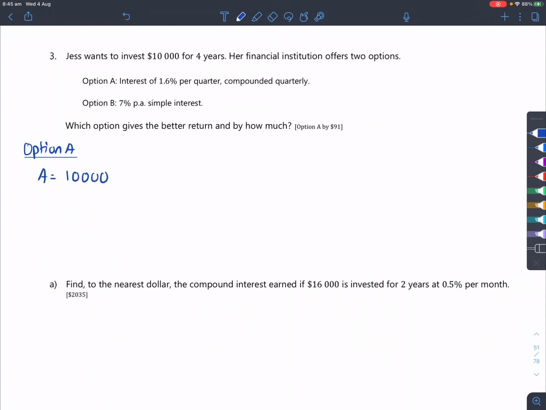We're going to multiply this by 1 plus 1.6% per quarter, which would be 0.016.